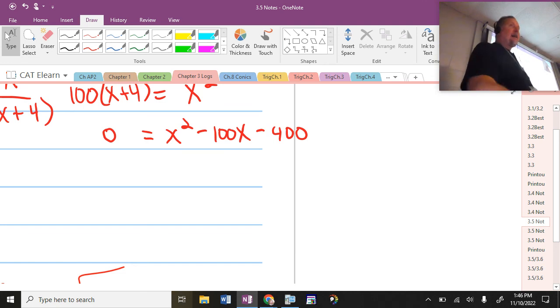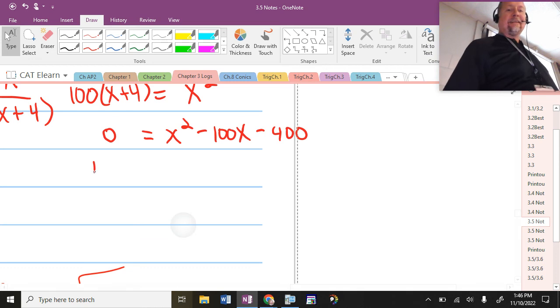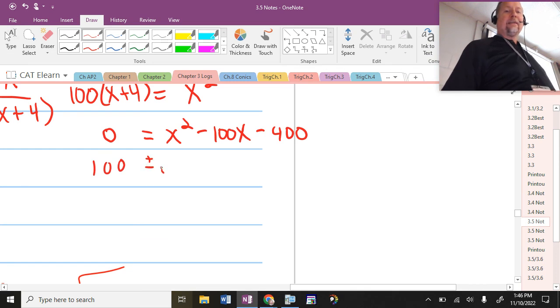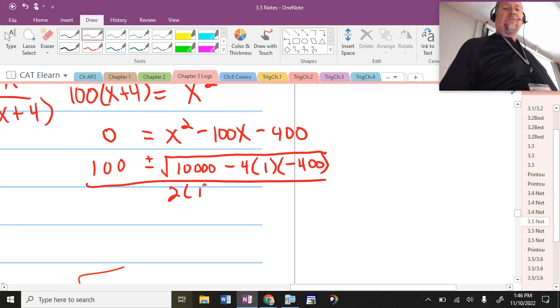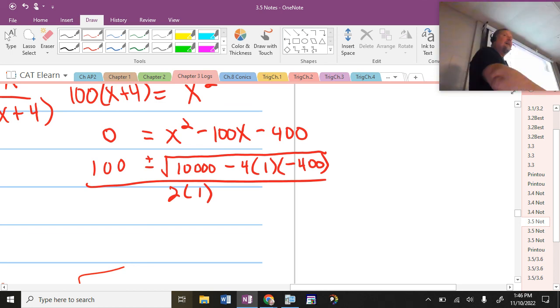The opposite of b, plus or minus the square root of b squared minus 4ac, all over 2a.